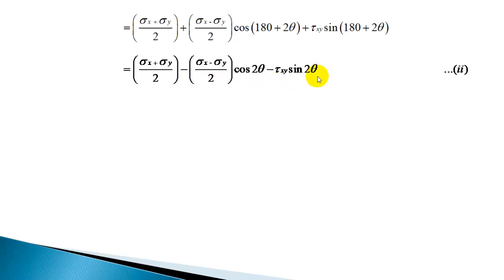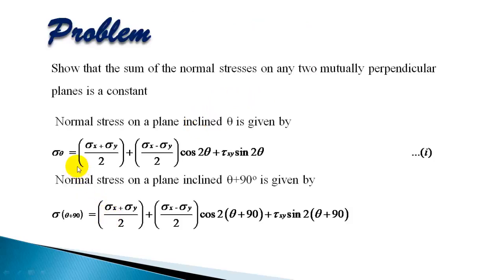Now you can add the first and second equation. In the first equation you have the same terms with a plus sign. This sigma x plus sigma y by 2, here also you have the same, but these two terms get a minus.